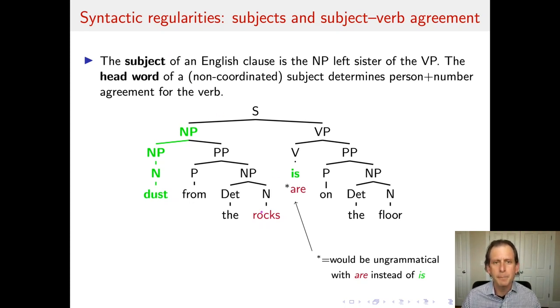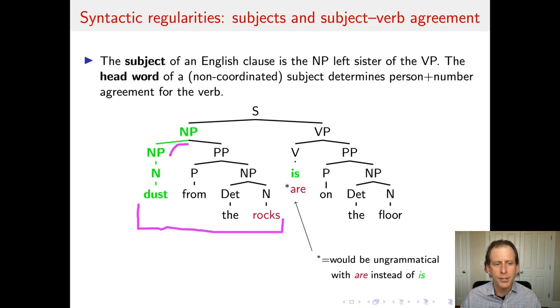And the reason is that the generalization about the relationship between a verb and the thing that it agrees with is a structural generalization. It is the phrase which is the subject of that verb with which the verb is agreeing, and the property that the verb agrees with, which is the number and person properties of that phrase, is determined by the head word.